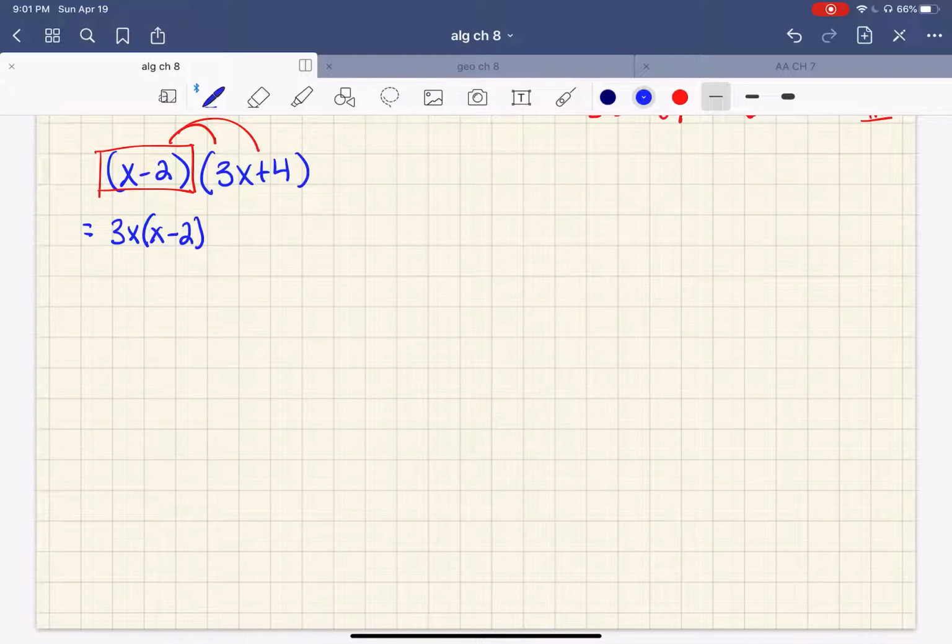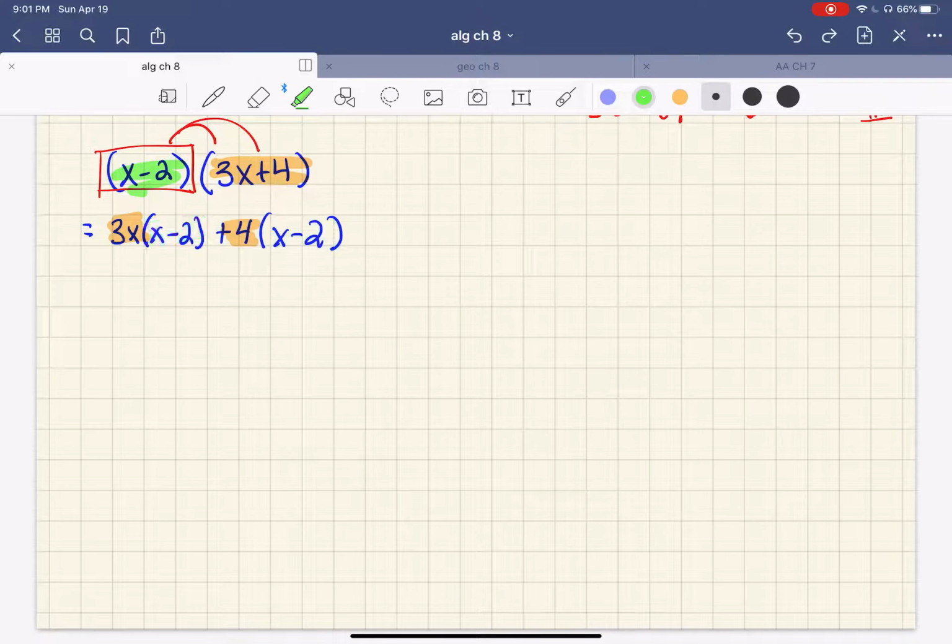Hopefully that's clear. Yep, so that's what I've got here. That 3x plus 4, it's kind of divided up there, and then I've got x minus 2 being multiplied by both of those pieces, basically.